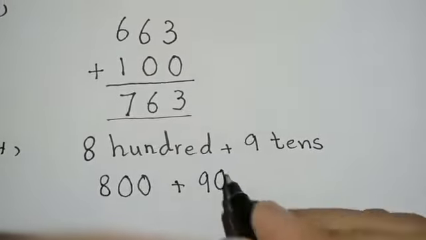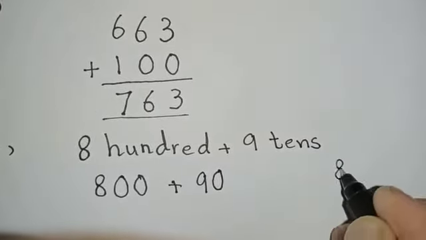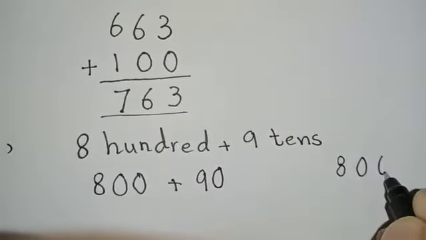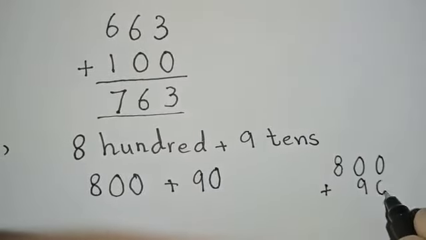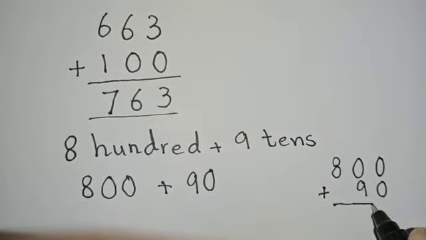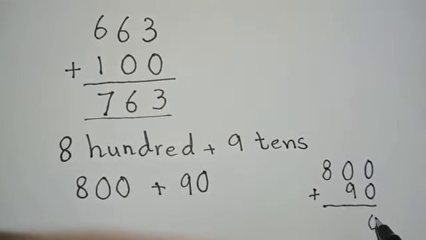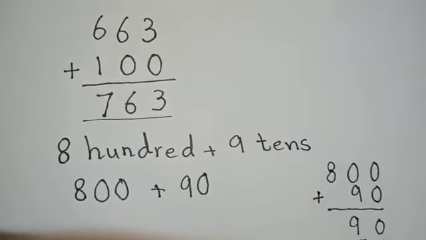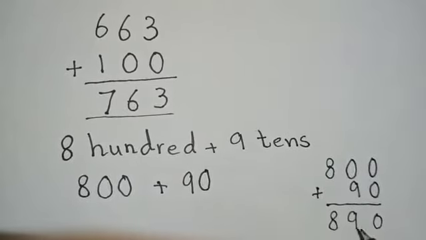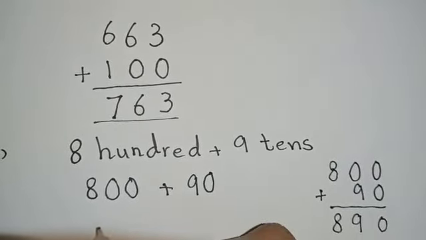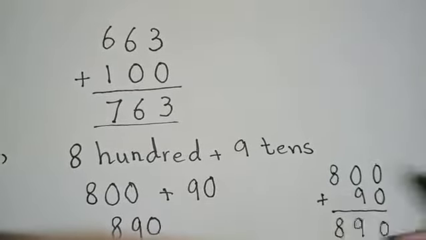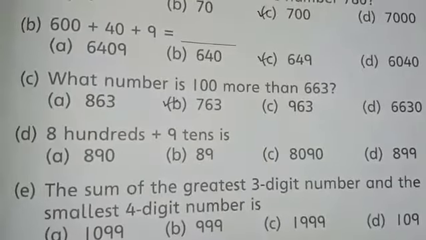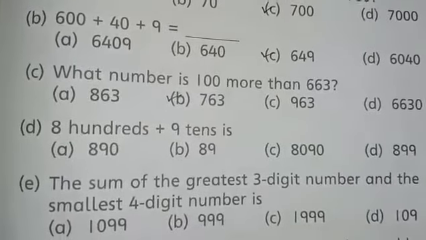Now we will add it. 800 plus 90. 0 plus 0, it's 0. 0 plus 9, it's 9. 8 as it is. So the answer is 890. So students, which one is correct answer?